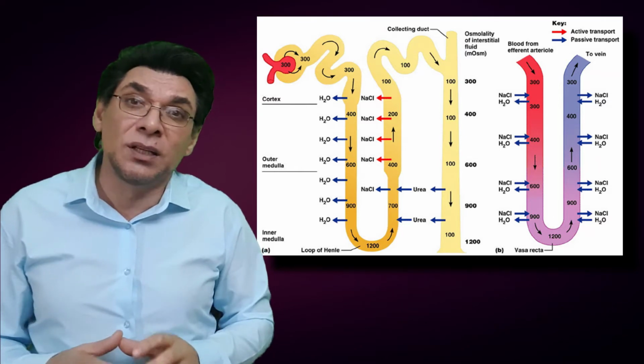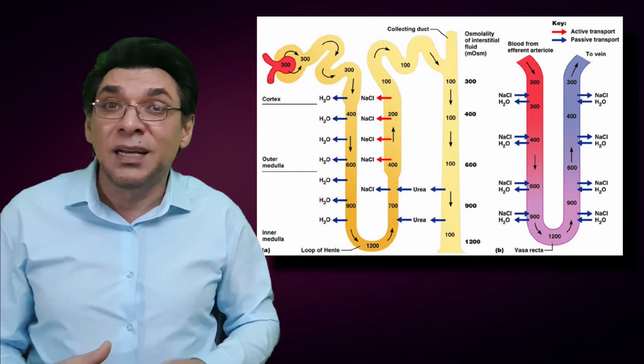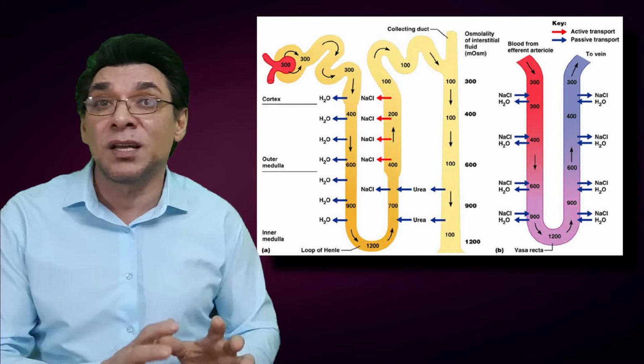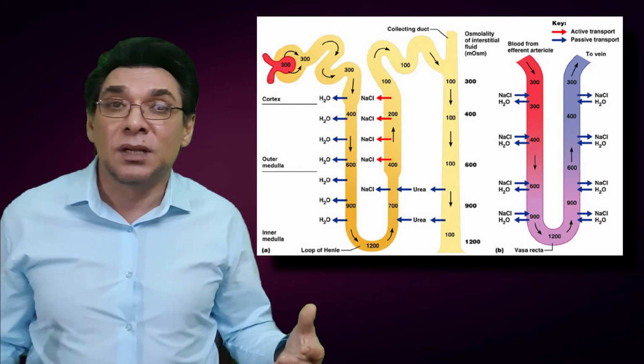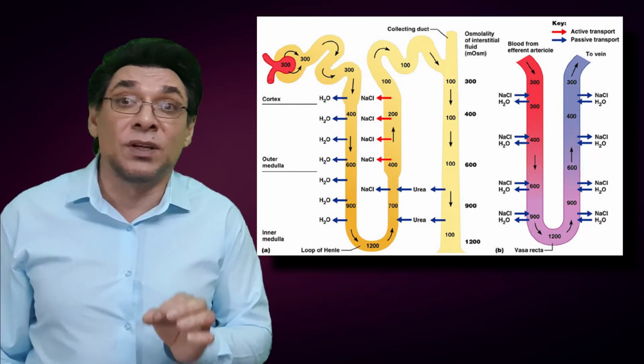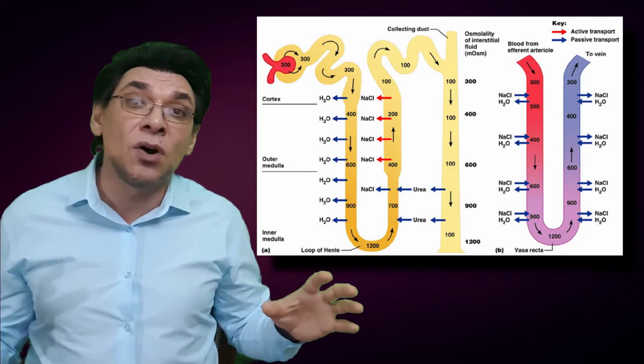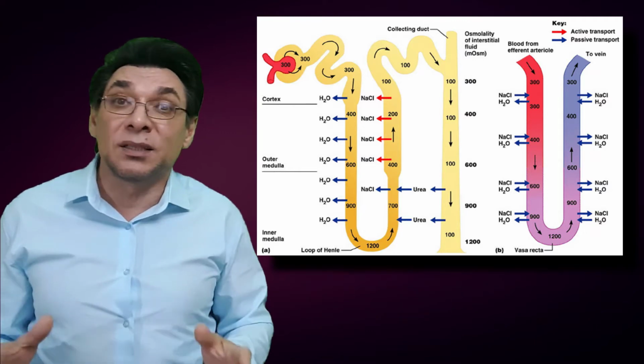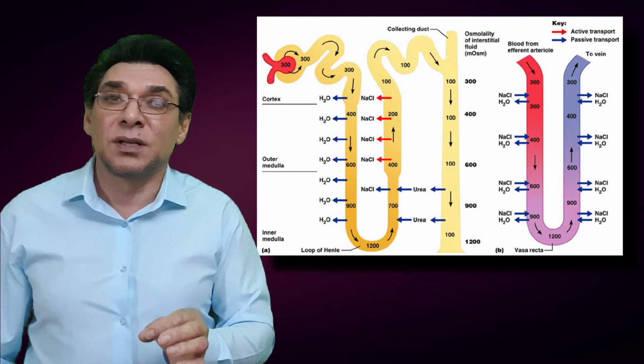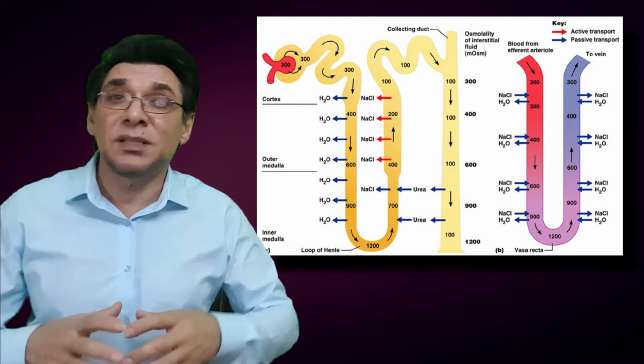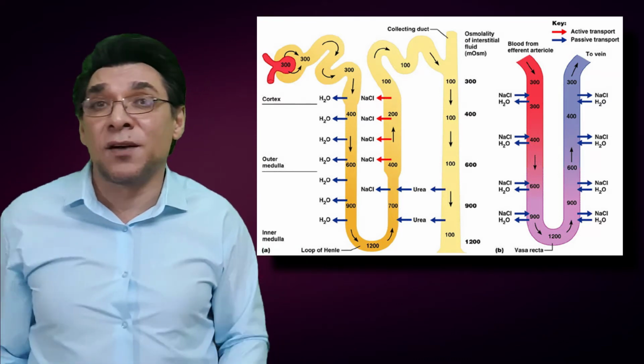The ascending limb of the loop of Henle dilutes the filtrate by removing solutes. The thin segment of the ascending limb is not permeable to water, but it's permeable to solutes. Consequently, solutes diffuse out of the nephron.